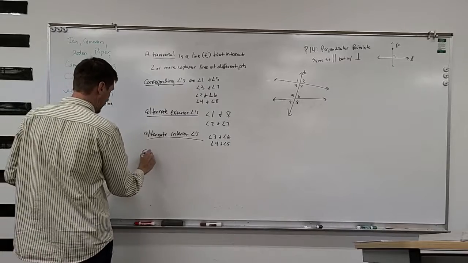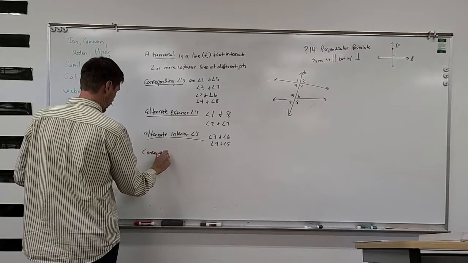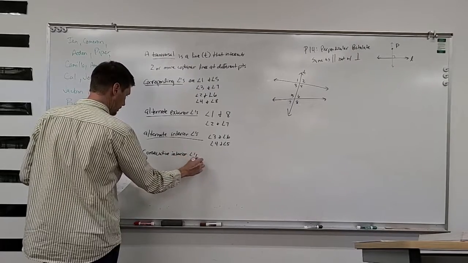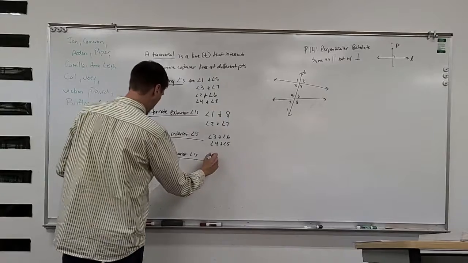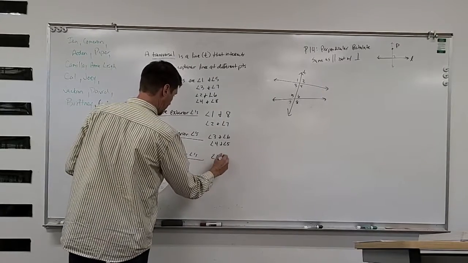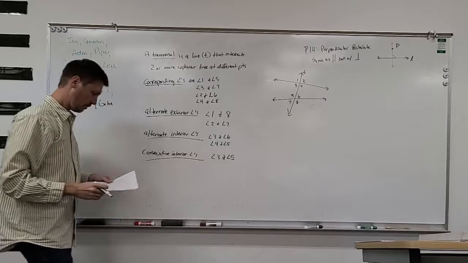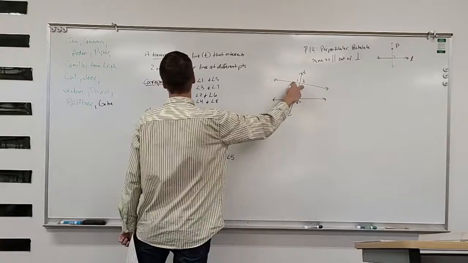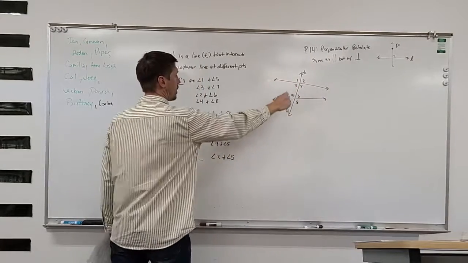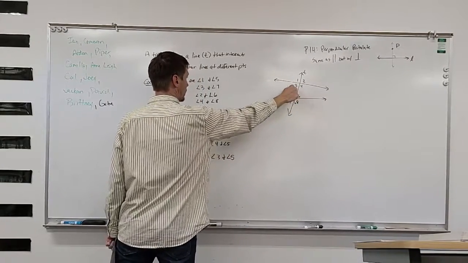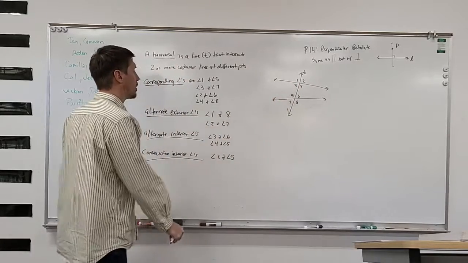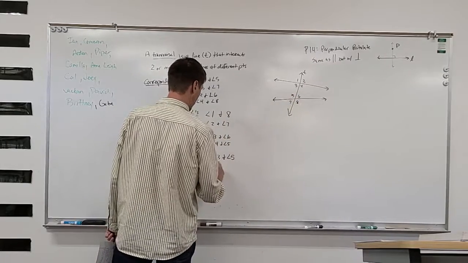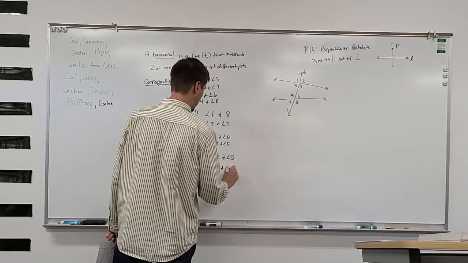And then finally, consecutive interior angles are angle 3 and angle 5. They're interior, but they're not alternating like the 3 and the 6 are. They're consecutive, so 3 and 5. They're right beside one another. Consecutive angles, and then also angles 4 and 6 would form consecutive interior angles.